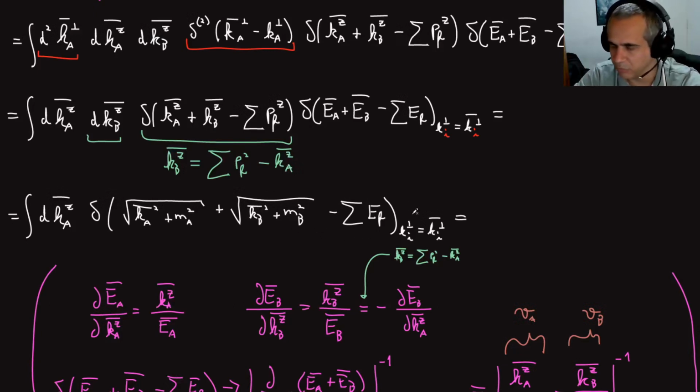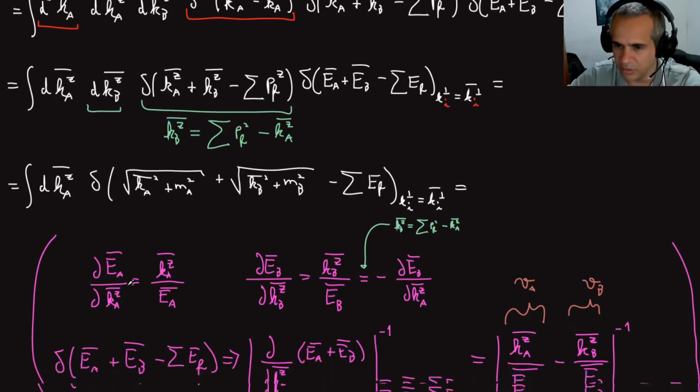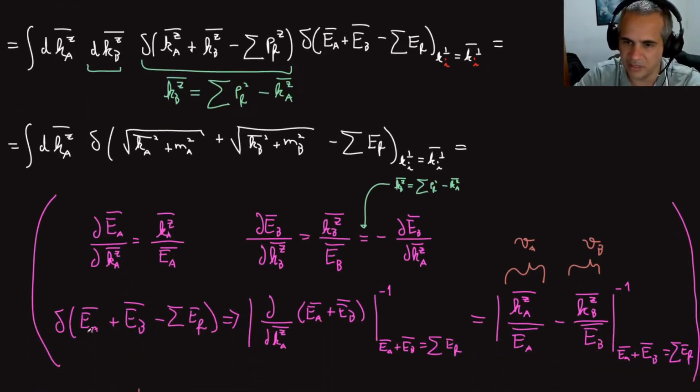In order to see what that gives me, right? I'll have to use this expression for the delta, right? Because I'm doing the integral in KAZ bar, and this is expressed in terms of energy, but I know the derivatives of energy in relation to KAZ bar is this.